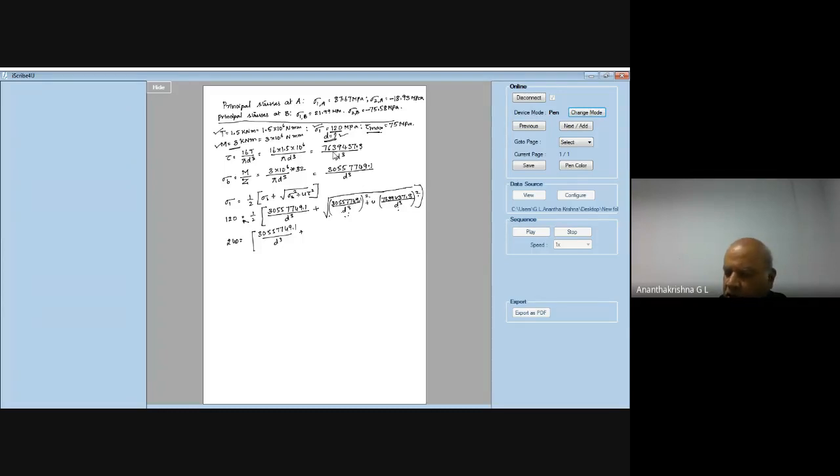When it comes out of the root, it's going to be 1 by d cube outside, and root of 30557749.1 square plus 4 into 7639437.3 square. So d cube is common, and d cube is equal to 30557749.1 plus root of so and so. I am going to get the value of d.